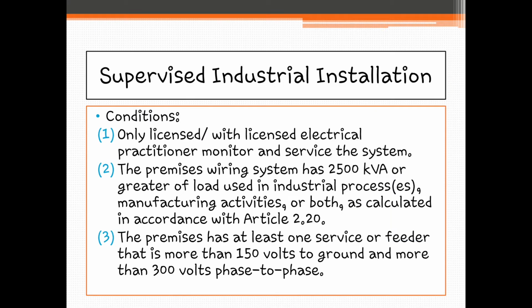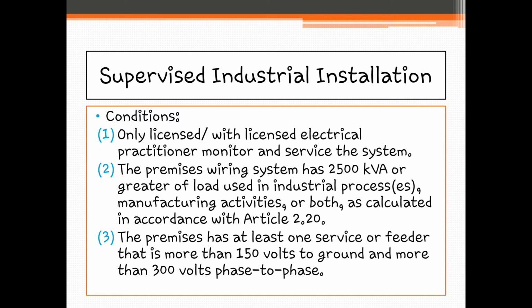So, supervised industrial installations. The conditions for this: first condition, the person who should monitor and service the system should be a licensed electrical practitioner or a non-licensed electrical practitioner pero dapat naka kauban na licensed electrical practitioner.